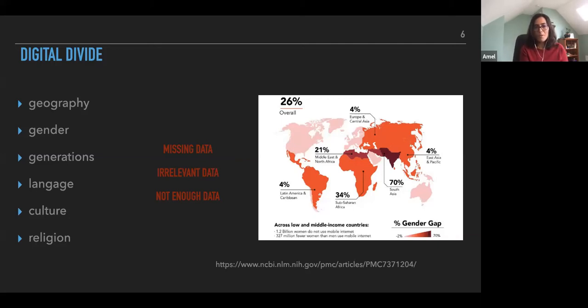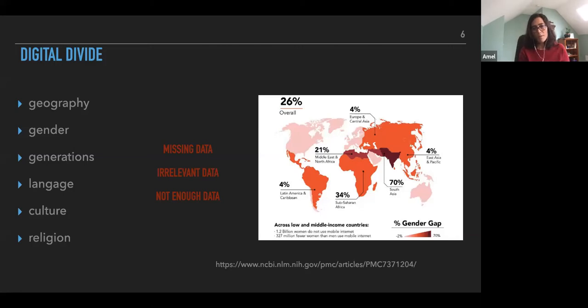Language is also another barrier that could lead to digital divide, and the other 2 categories I want to mention here are culture and religion, that could also lead to disparities in terms of accessing technologies, and also the way we interact with technology.